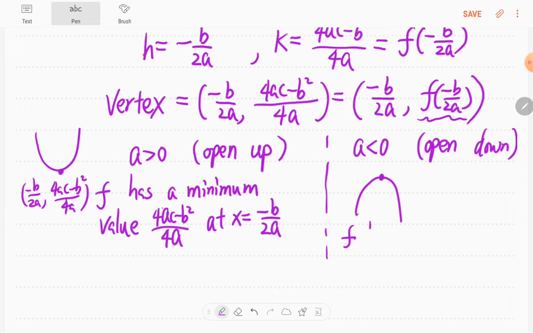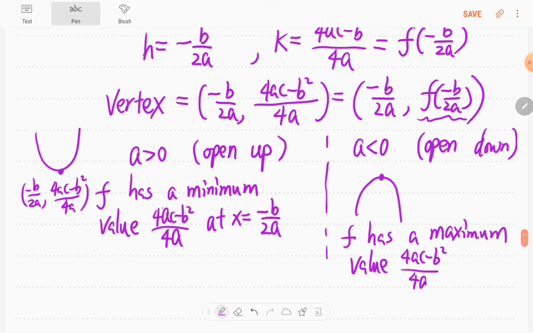So f has a maximum value, which is (4ac minus b squared) over 4a. The same formula, at the x-coordinate x equals negative b over 2a.